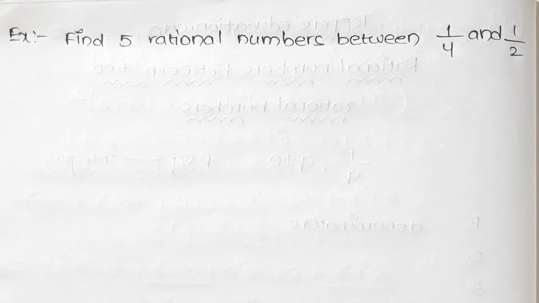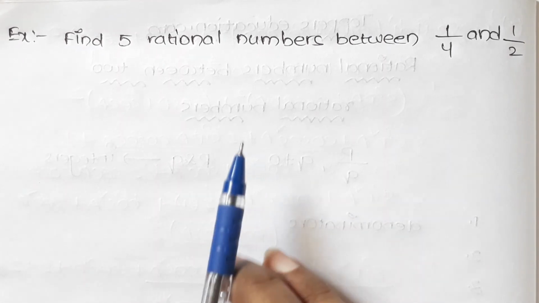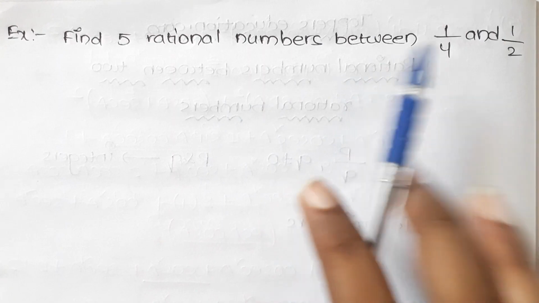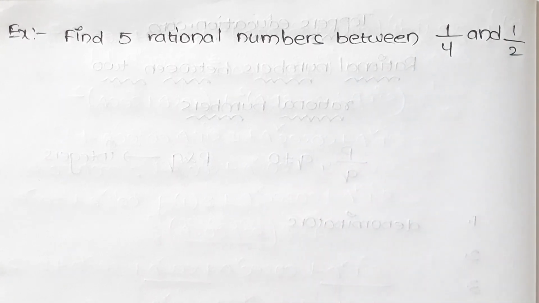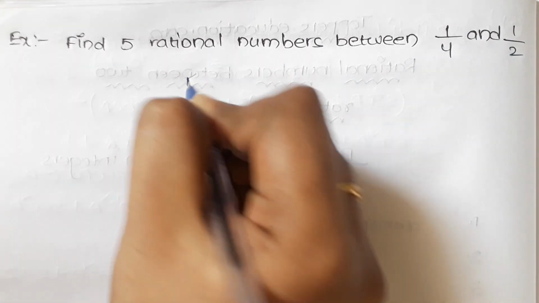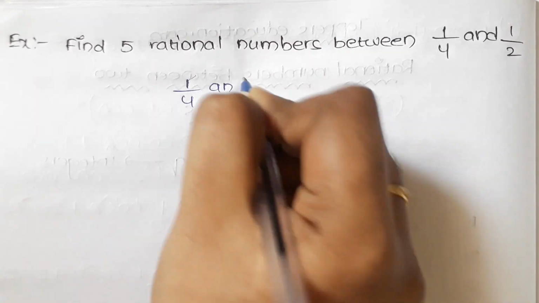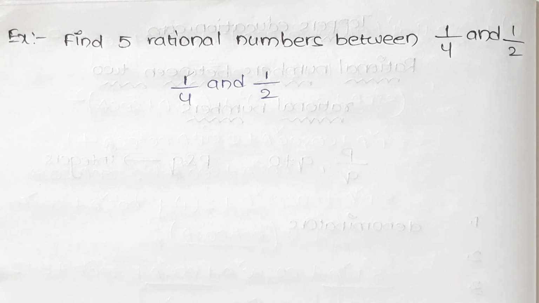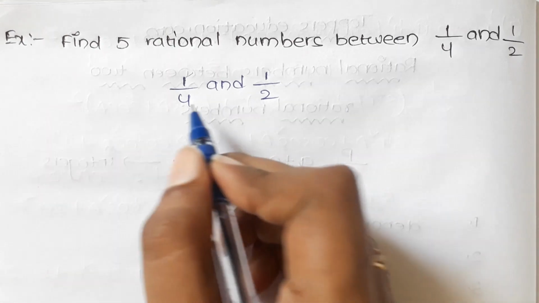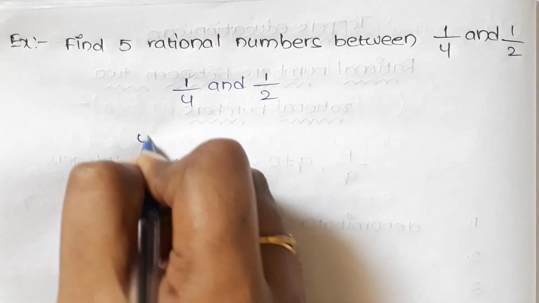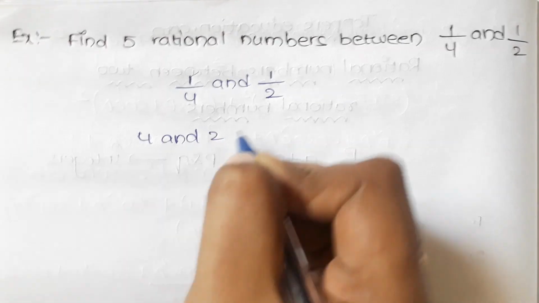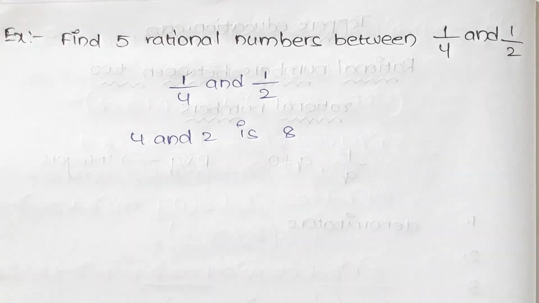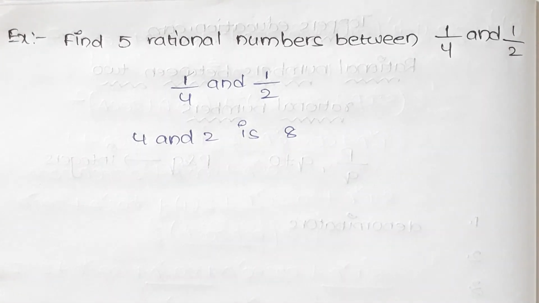Here is another example: find 5 rational numbers between 1 by 4 and 1 by 2. Here the given numbers are 1 by 4 and 1 by 2, and the denominators are different. So first we should equate the denominators by taking the LCM. The LCM of 4 and 2 is 8, so the denominator should be 8.